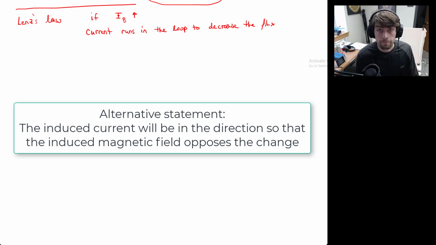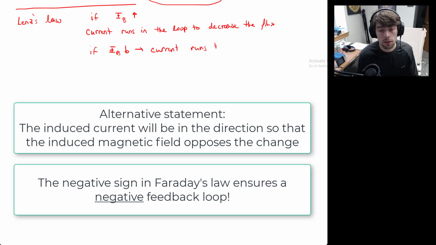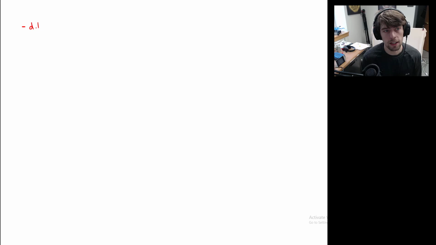Or if the flux through the loop decreases, then current runs to increase the flux. And that's how we get the direction of the current produced in the wire. So we've taken care of the flux piece. We've discussed what the negative sign does.